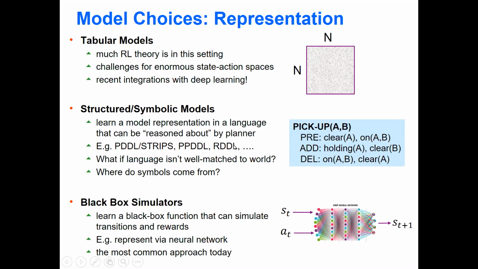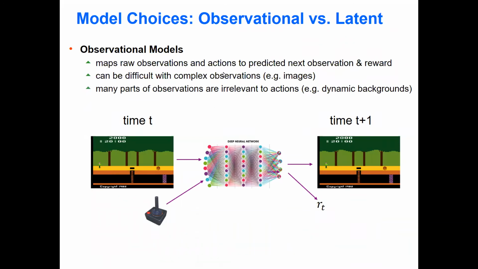All right, now the other major choice, which is actually a very important point in model-based RL in terms of the models you learn, is whether you're learning an observational model, I'm going to call it that, versus a latent model. So an observational model is going to be something like this.